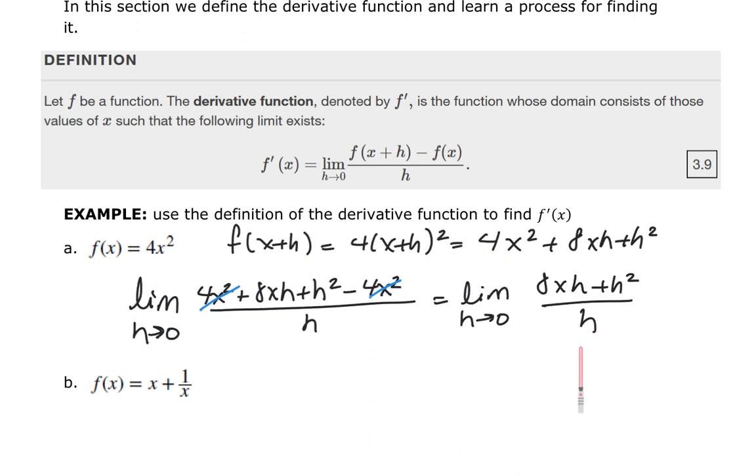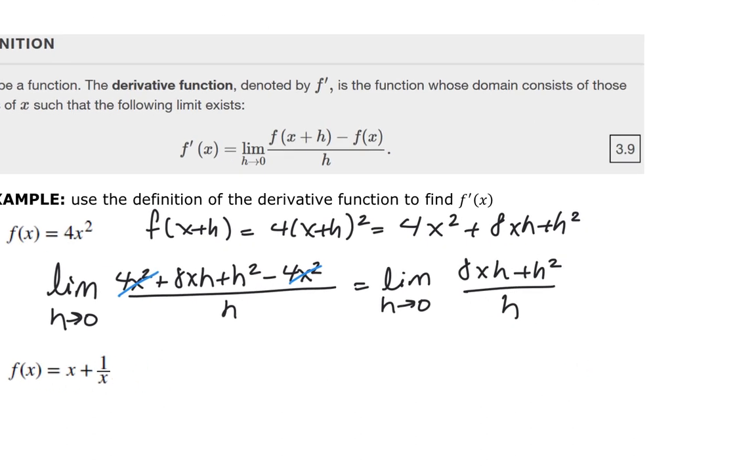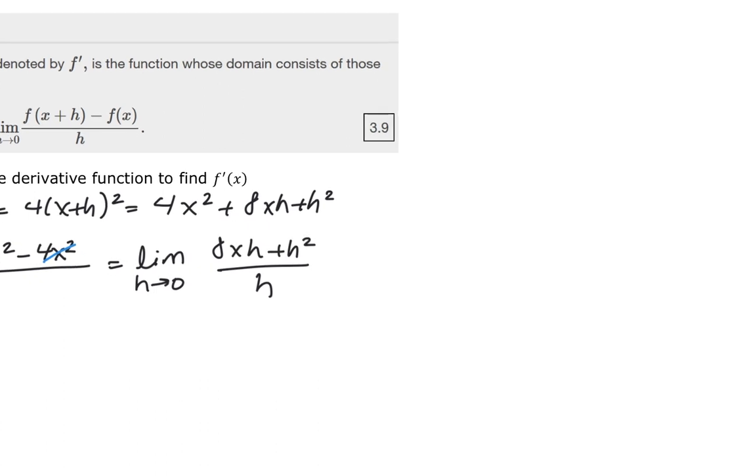When you get to this point, if there isn't an h included in all the terms as a factor, then you made a mistake somewhere back here. When you've done the algebraic cleanup, every single term had better have an h as a factor. Now we will factor out an h.